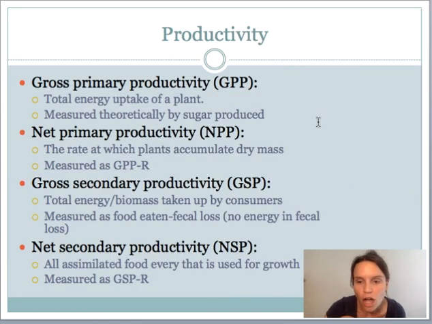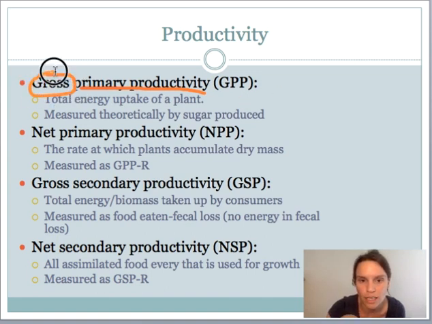So when we talk about sun energy, we are talking about plants being able to take up energy. And the name that we give that is primary productivity. Since plants are autotrophs, primary producers, we call the process through which they assimilate energy primary productivity.